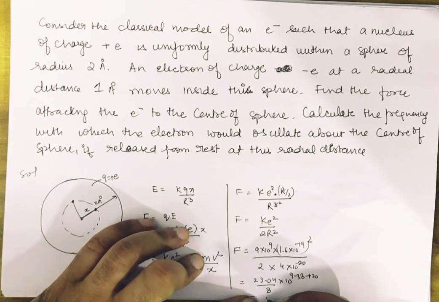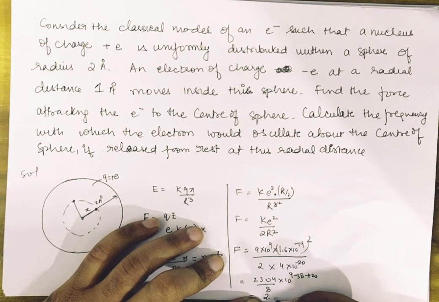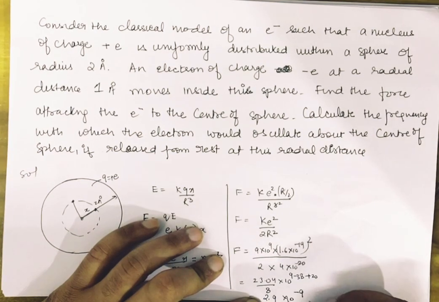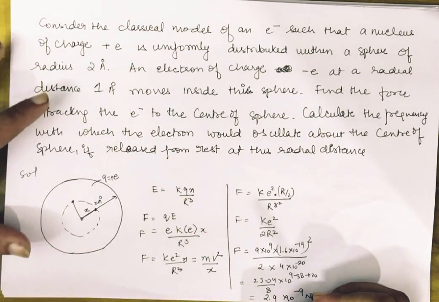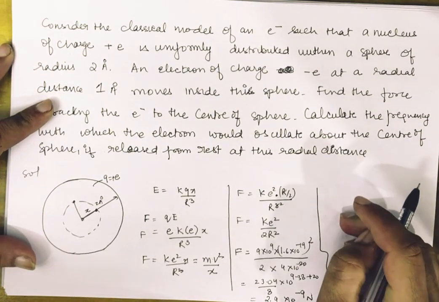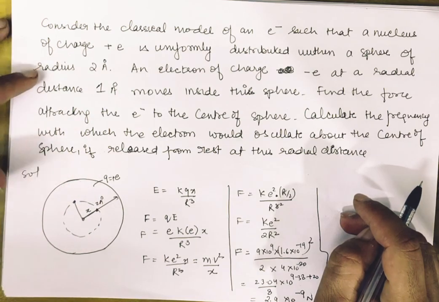So we get approximately 2.9 into 10 power minus 9 newton. That is the expression for the force acting on this electron revolving in the sphere.